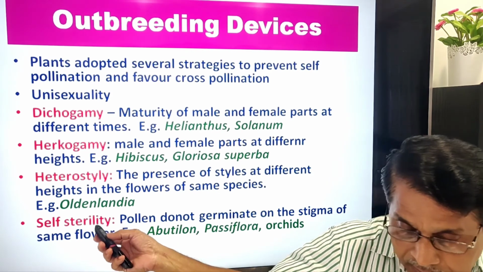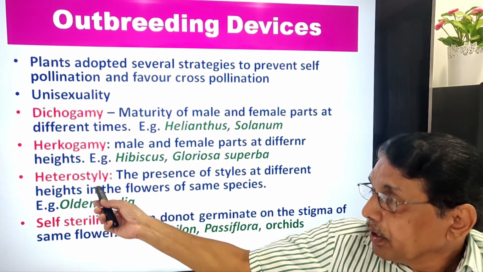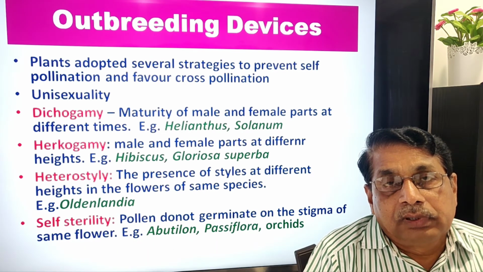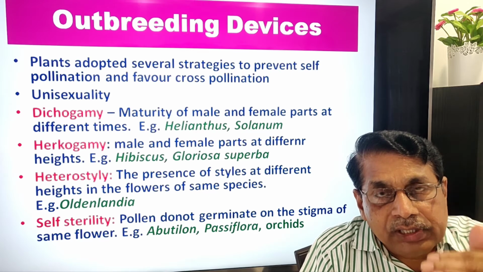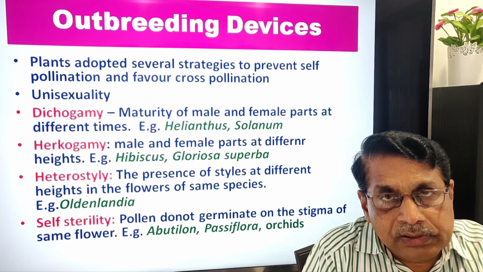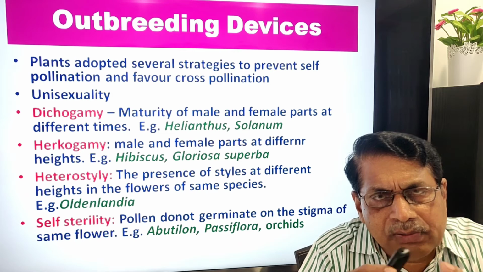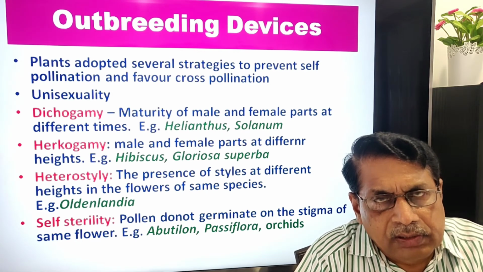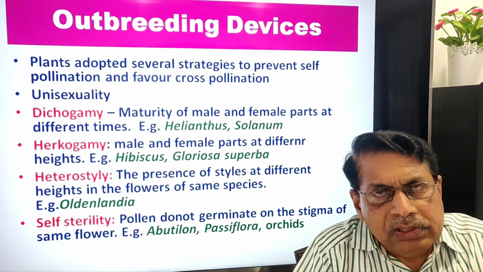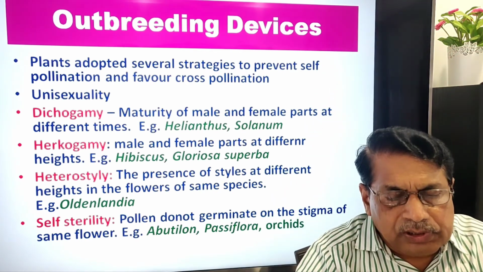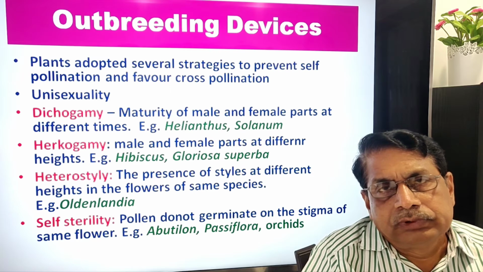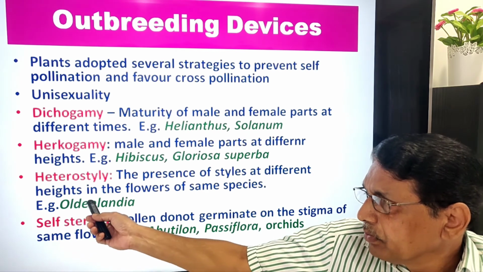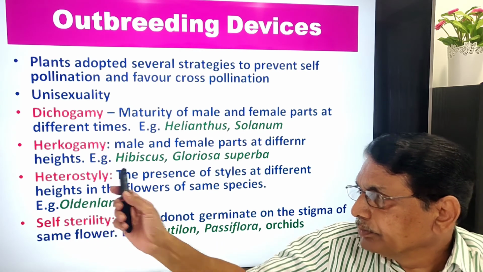That is called herkogamy. Heterostyly: the pistil and stamens at different heights in the same species. In some individuals, pistil will be higher, stamens shorter. In other individuals, stamens at a higher height, pistil at lower height. This is to prevent self-pollination. Good example, Oldenlandia.